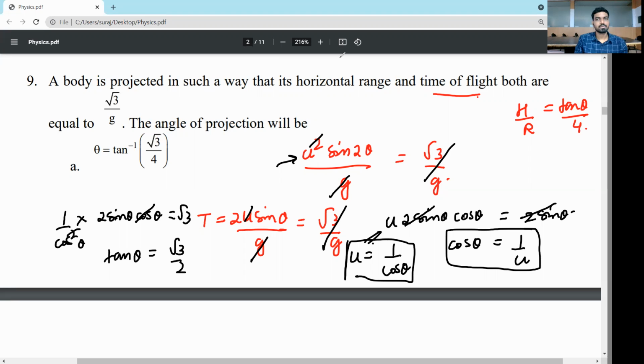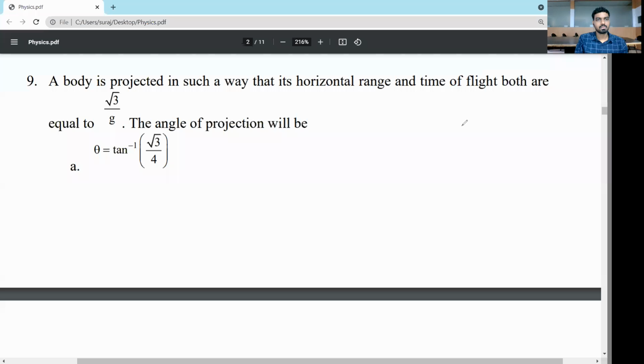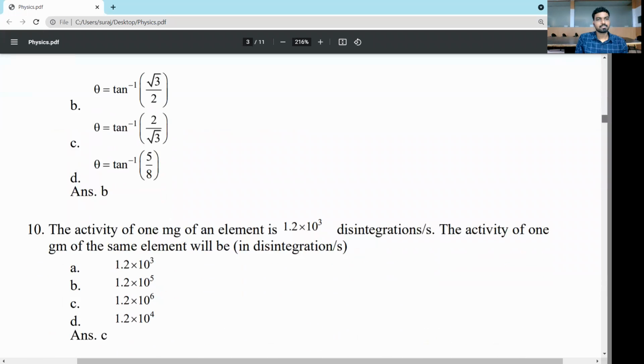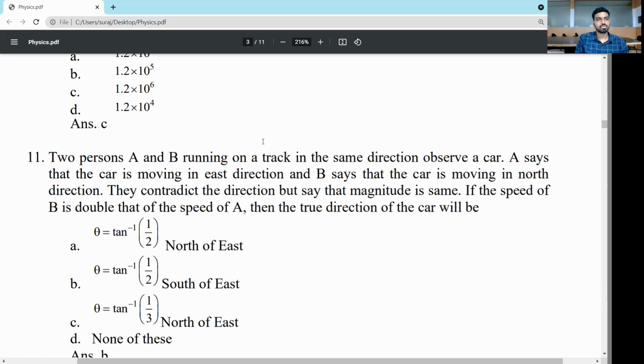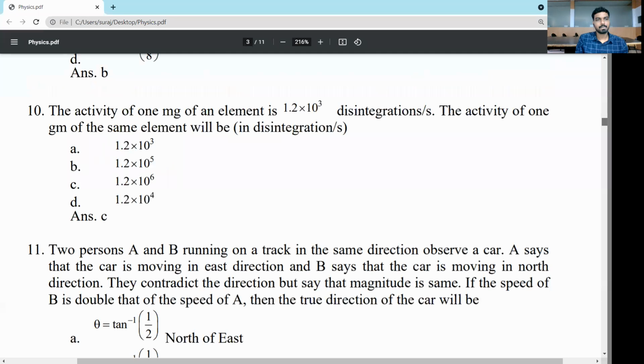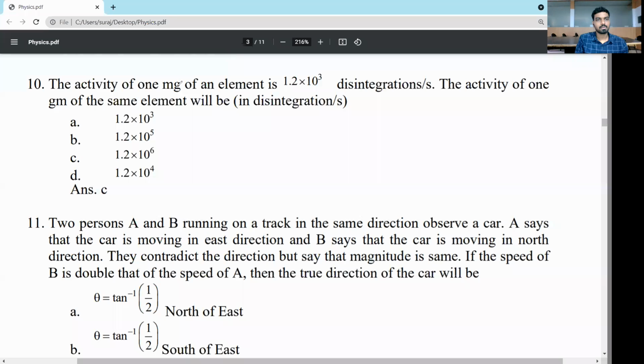Okay. Next, coming to question number 10. Activity of 1 milligram of an element is 1.2 into 10 power 3 disintegrations per second. What is activity? Activity is equal to lambda times N. The activity of 1 gram of the same element will be, see, mass is given.